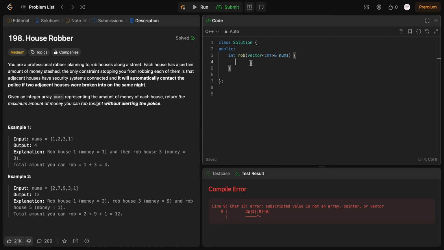So first let me define n as nums dot size, and define our dp vector of vector. It's always better to take this as dp of n vector.